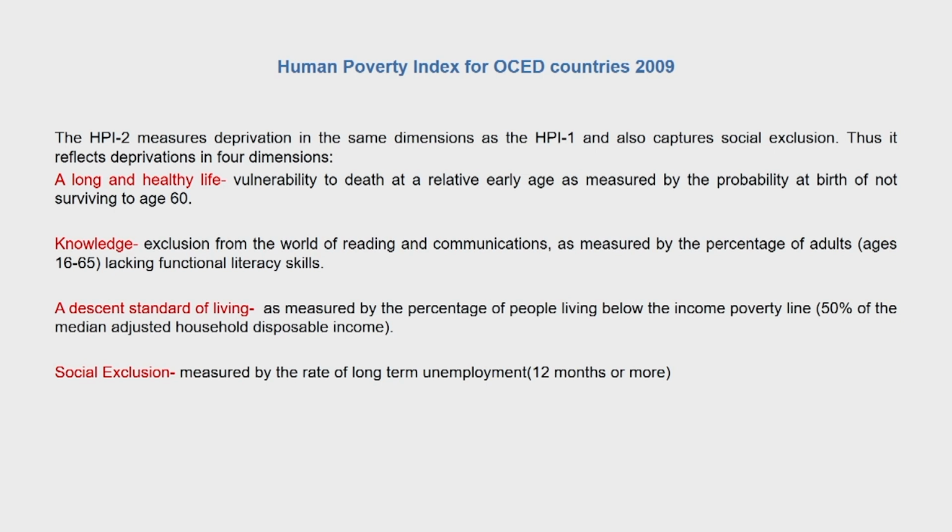Knowledge: deprivation occurs when there is exclusion from the world of reading and communications, as measured by the percentage of adults lacking functional literacy skills. Deprivation in terms of a decent standard of living covers all those people who are below the poverty line of 50% of the median adjusted household disposable income in the case of developed countries. And social exclusion, as I just mentioned, is measured in terms of the rate of long-term unemployment.